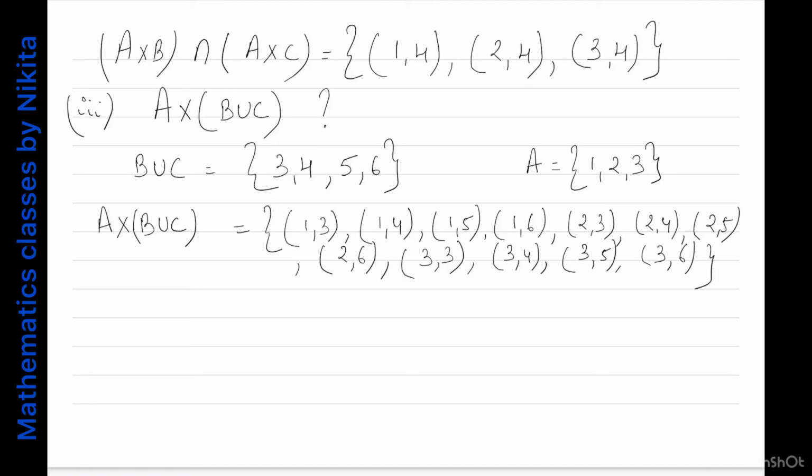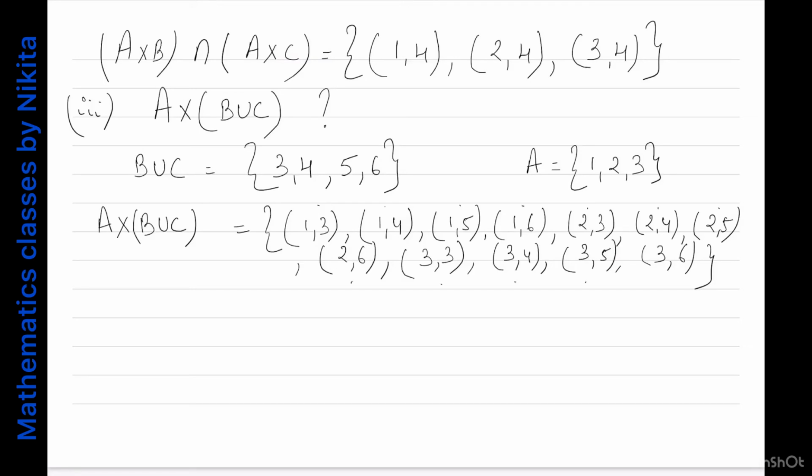So this is your set A cross B union C. If you want to check the cardinality, it is the cardinality of A times the cardinality of B union C. So 3 times 4, that means 12 elements should be there. You can count 1, 2, 3, up to 12.